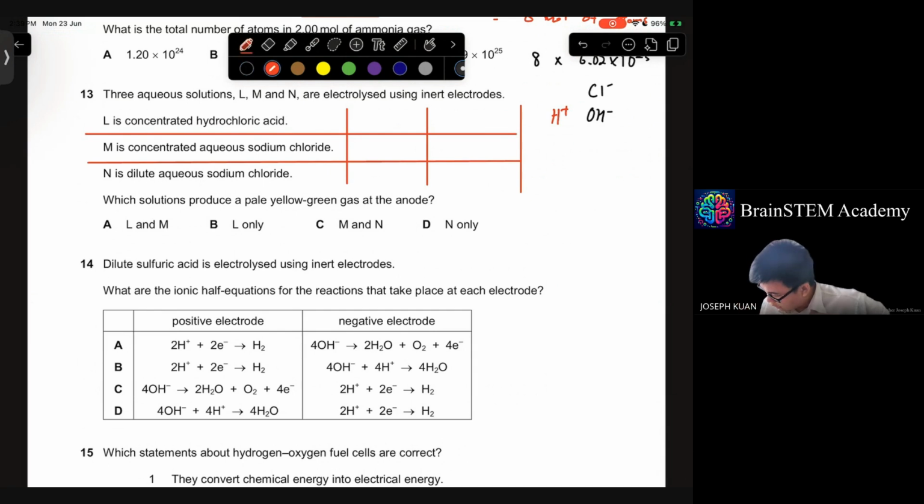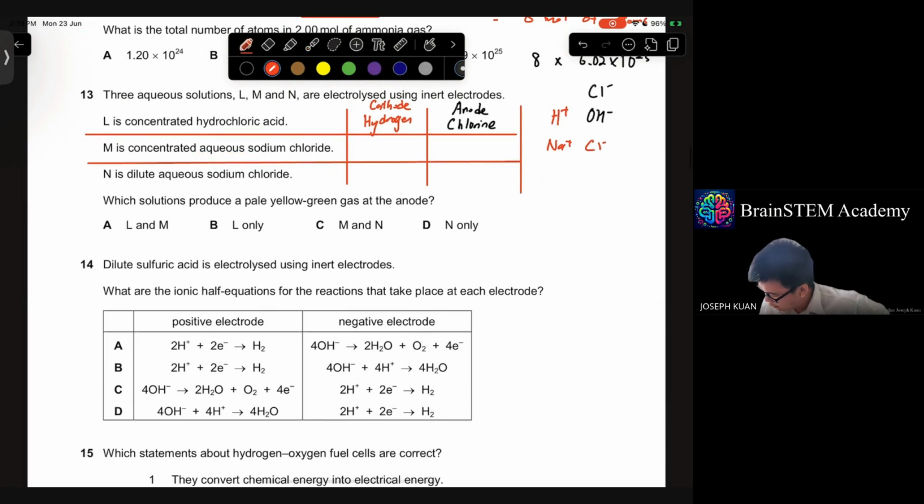So based on the ease of discharge series, we should get hydrogen at the cathode and concentrated chloride solution is present here. So it will be chloride that gets discharged, which forms our chlorine gas at the anode. For the second question, concentrated sodium chloride contains 4 ions, one coming from the solute, sodium chloride, the other one coming from the solution, aqueous.